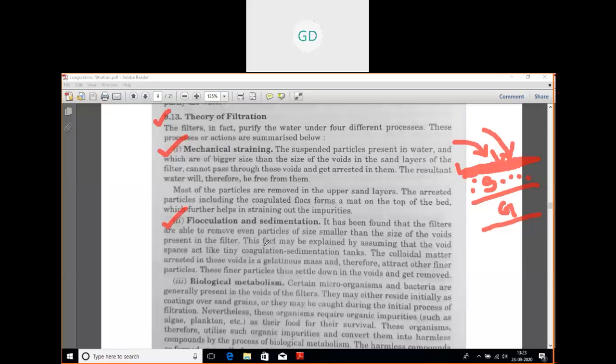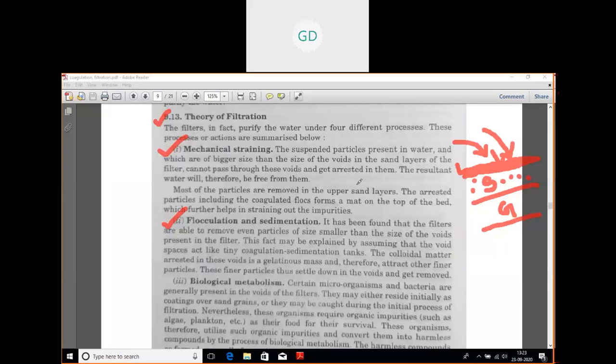Here we deal with the sizes of the suspended particles present in water. In mechanical straining, what is written is that the suspended particles present in water are greater than the size of the voids of the soil. But in flocculation, the suspended particles are of a size less than the size of the voids.